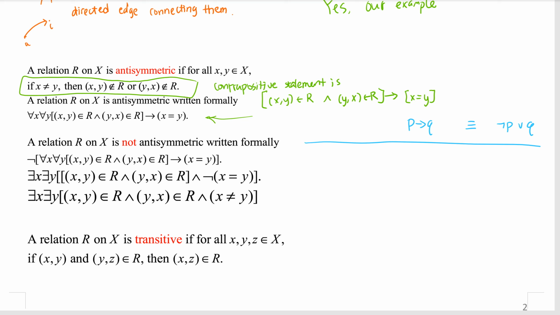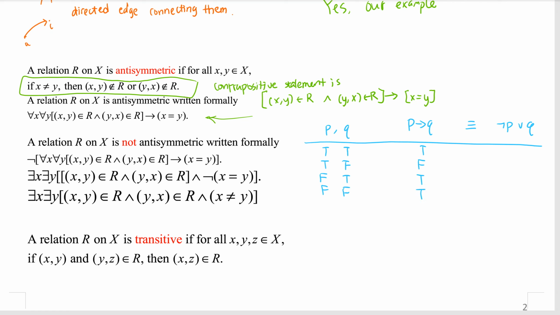If you don't, it's okay. Let's draw the logic table. P, Q: true, false, false, true, false, true, false. P implies Q is only false when P is true and Q is false, and the rest are true.